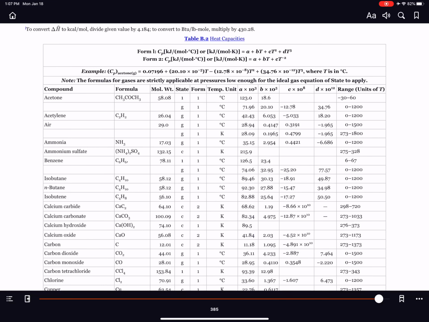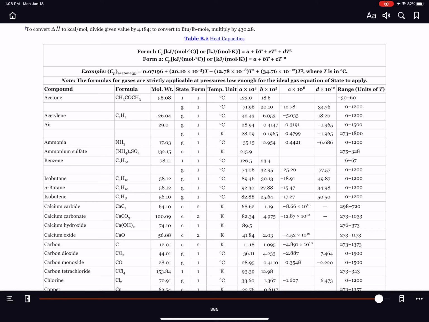The one thing I want to point out is that when it lists the constants, you see that it says A times 10 to the 3, B times 10 to the 5th, C times 10 to the 8th, and D times 10 to the 12th. What that means is that the value listed in the table is the actual value times 10 to the 3, for instance, for A. So when you plug it into the equation, you're not going to type in 123.